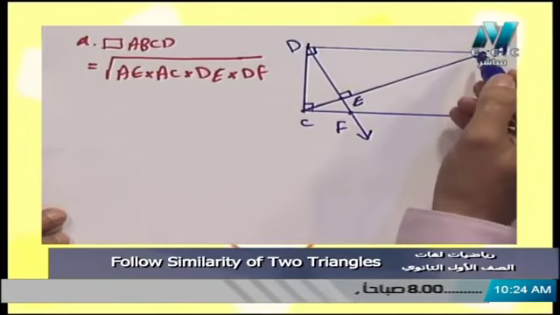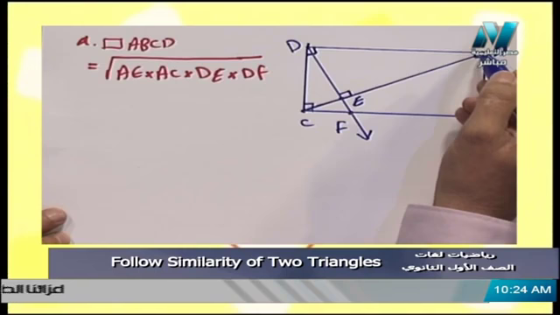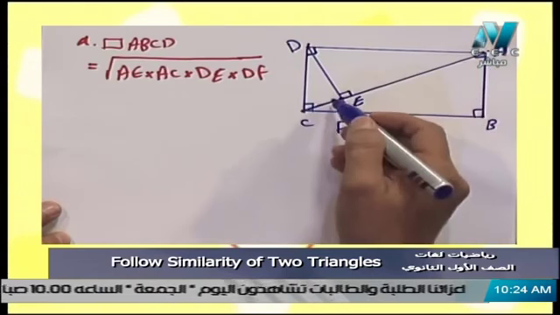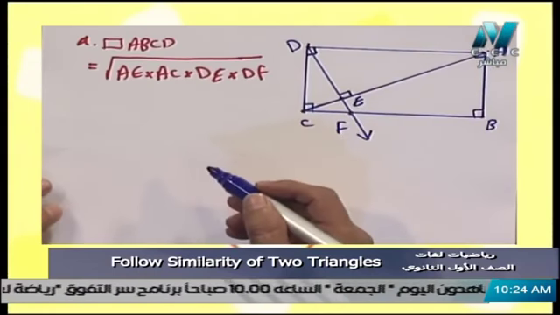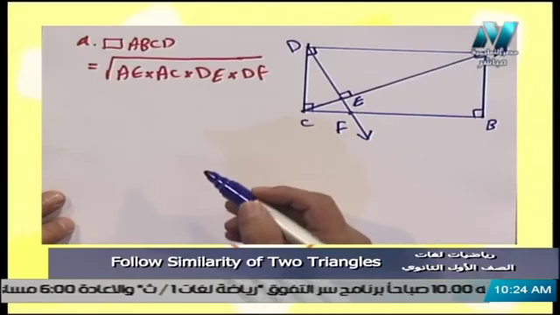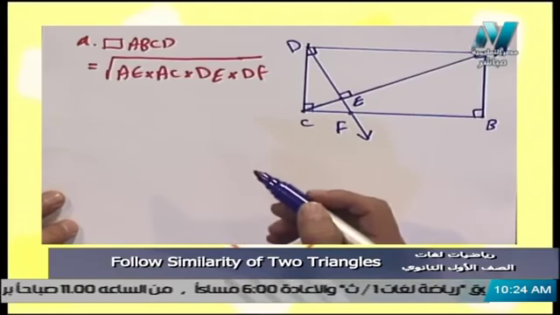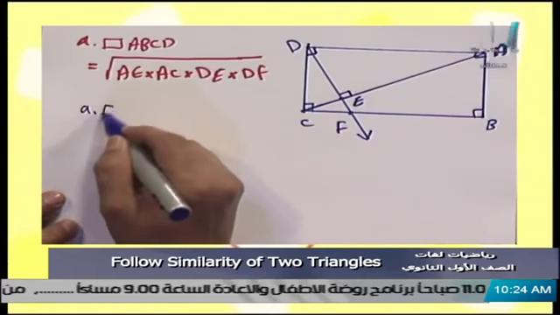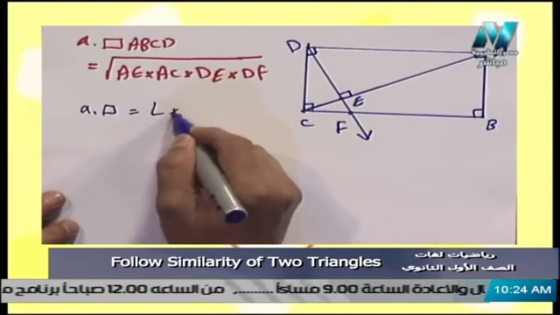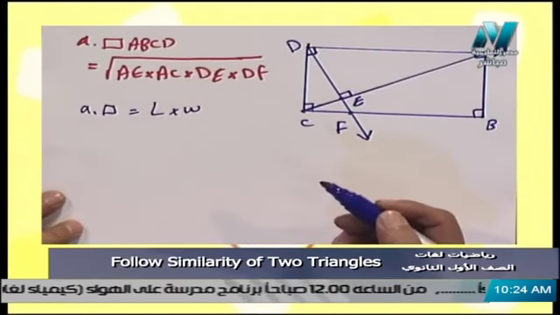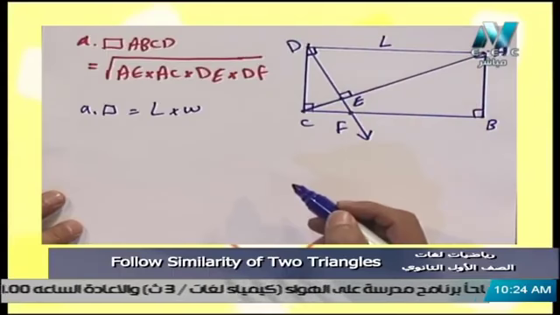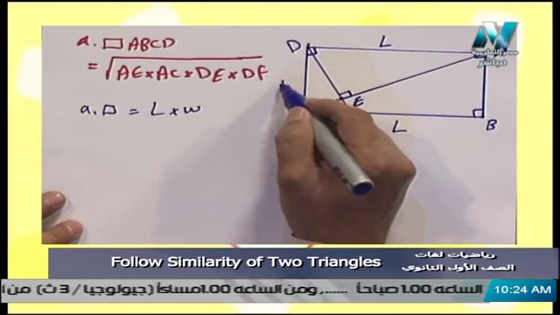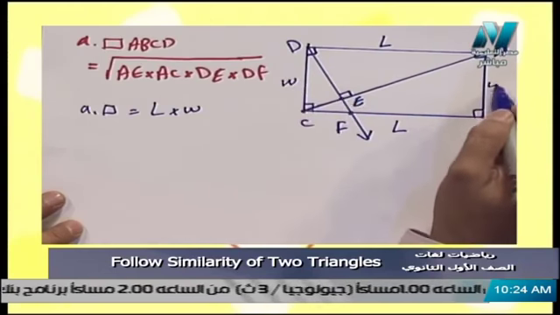So we can say that AD power 2 here is AE multiplied by AC. Someone may wonder why we say AD. We know that the area of a rectangle equals length multiplied by width. Length here is DA, which equals CB, and width of course equals DC, which equals AB.